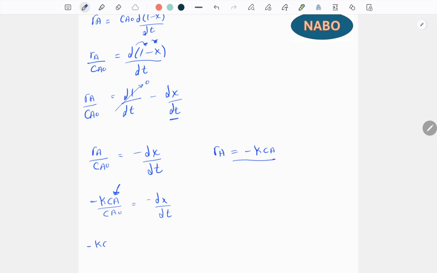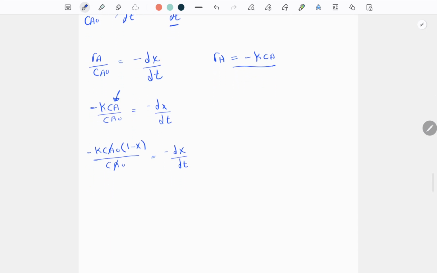Therefore, it'll be negative k CA naught times 1 minus x over CA naught equals negative differential of x over differential of time. The CA naught can cancel out from the left side, and we will be left with negative 1 minus x times k equals negative dx over dt.